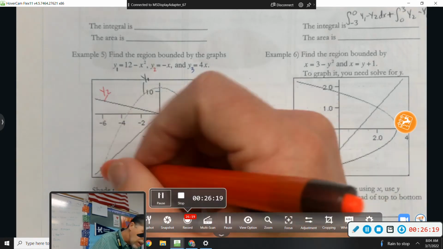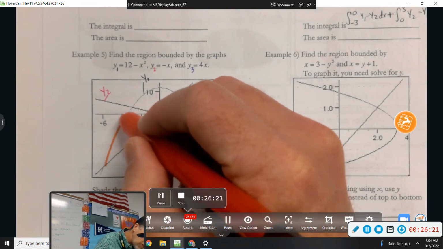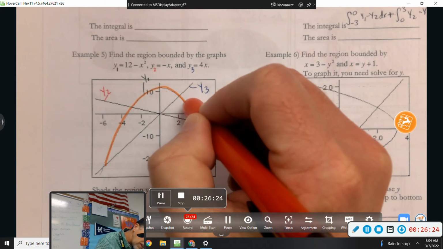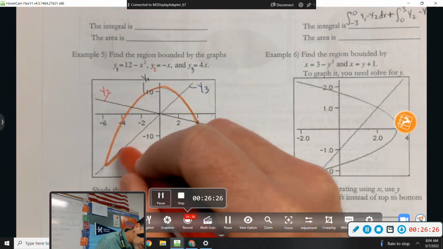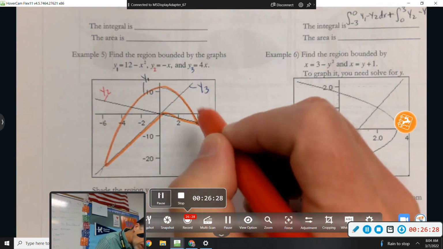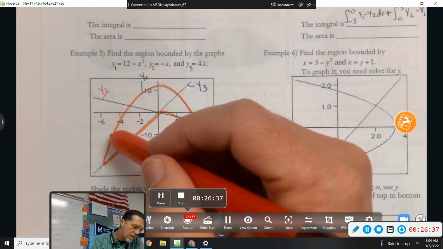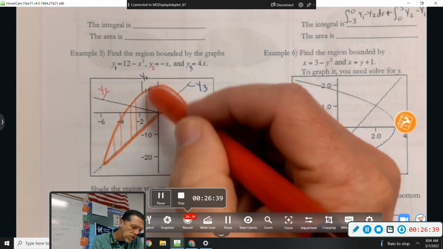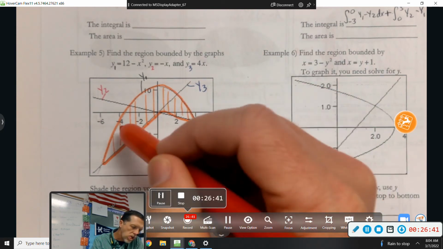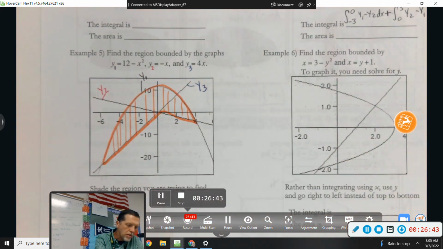So I guess our first job is to figure out what area we're talking about. So I think we're talking about that area. Like one of these pieces?